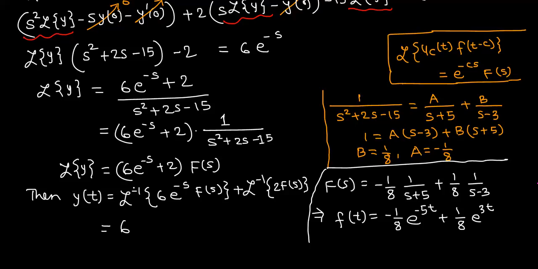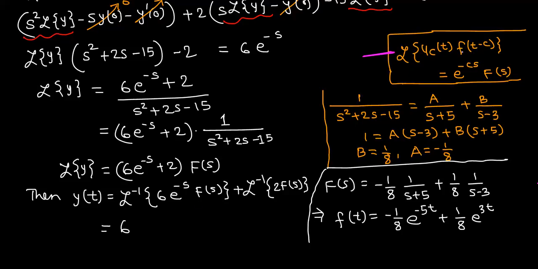Now we need to take the inverse Laplace of e^(-s)F(s). Come back here and look at this formula: Laplace of u_c(t) f(t - c) is e^(-cs)F(s), and we are exactly in this form. Whenever we have e^(-cs) times F(s) and take the inverse Laplace, we get the unit step function at c times f(t - c), where little f is the inverse Laplace of uppercase F.